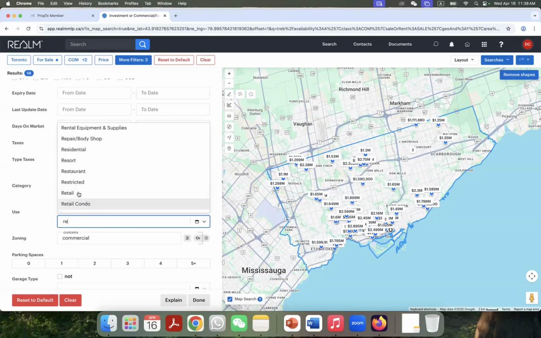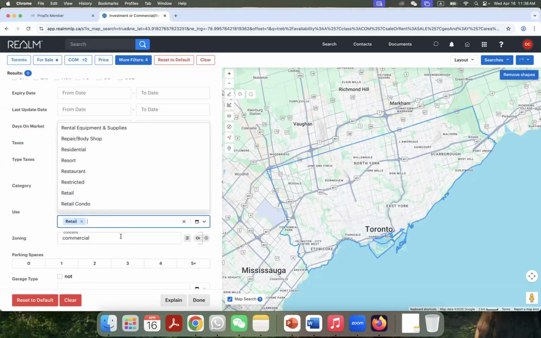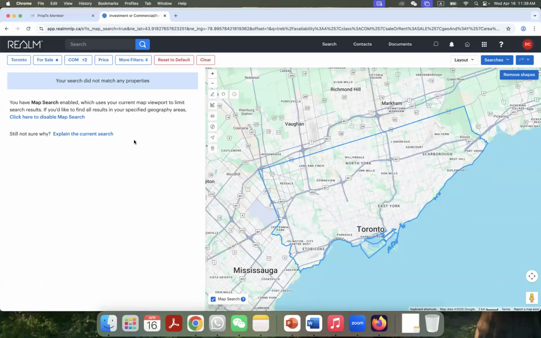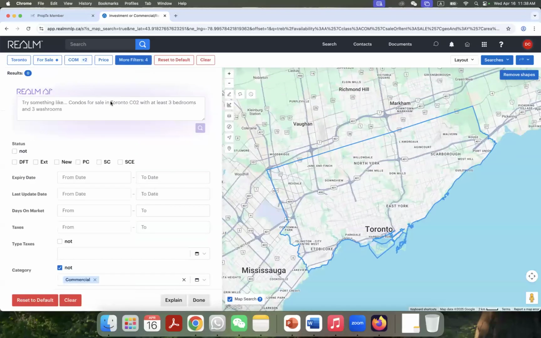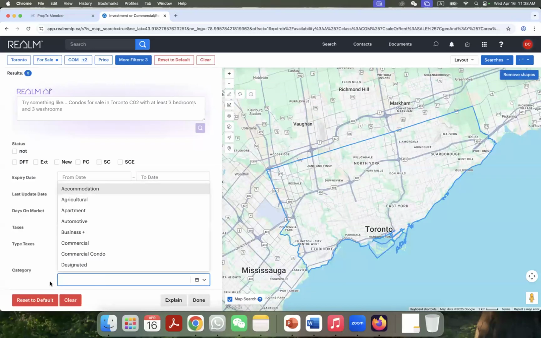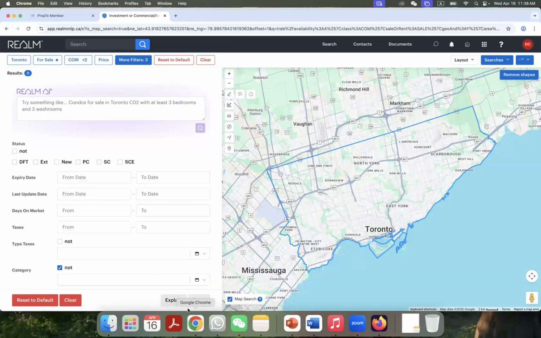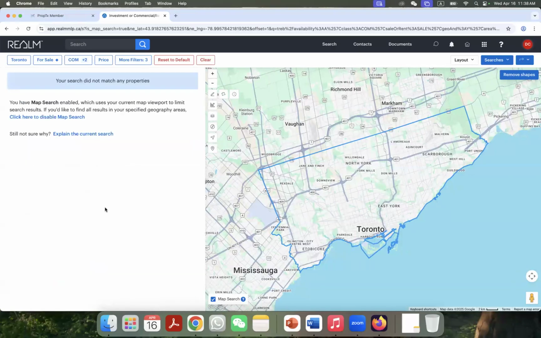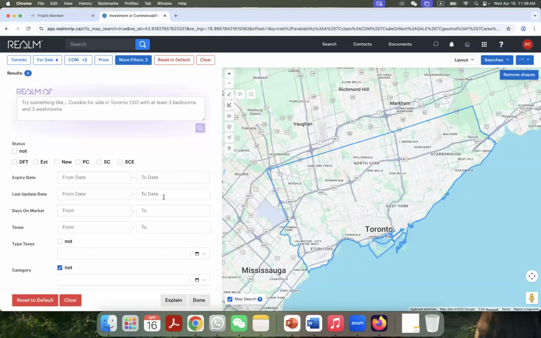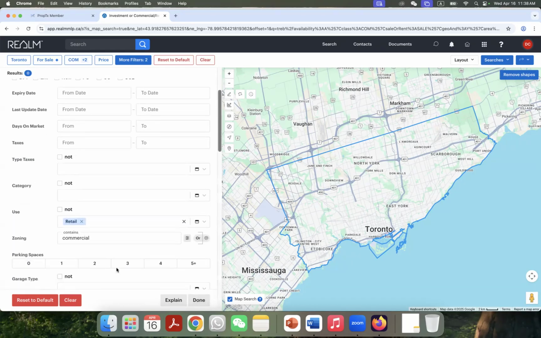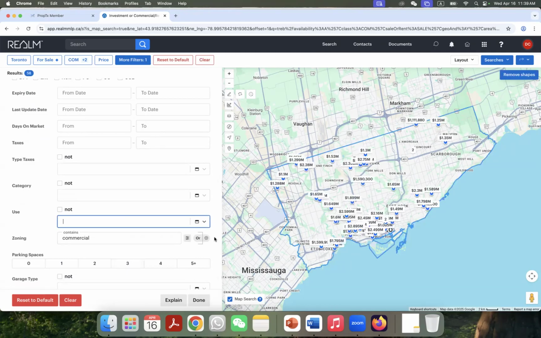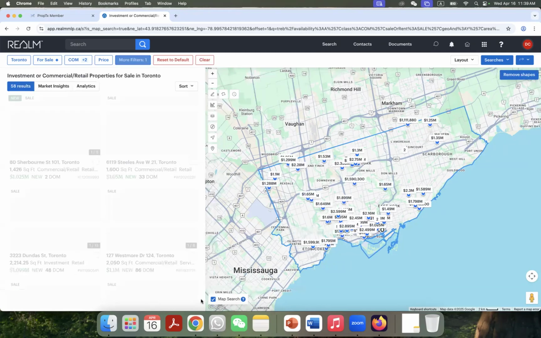So you can do retail. In this way, oh, nothing here. I don't know why. Let's do it again here, reset. So probably we take out the commercial category. Now let's see what we have here. Something category. Retail, we don't need retail. Now we get a lot. Okay, let's make something first.